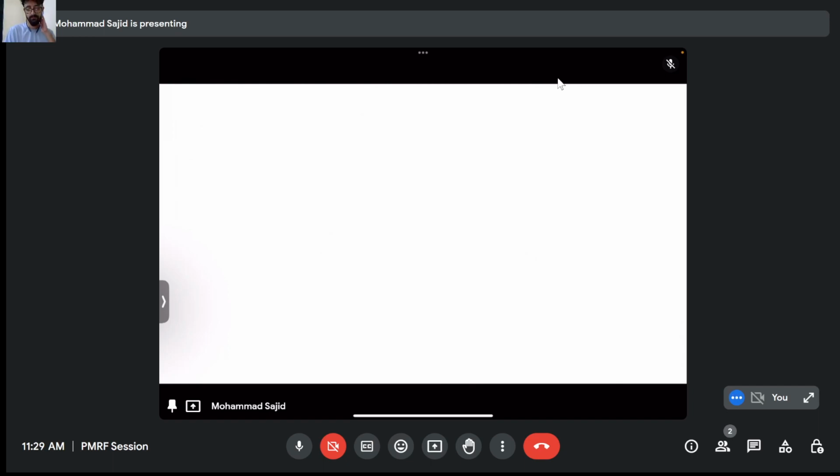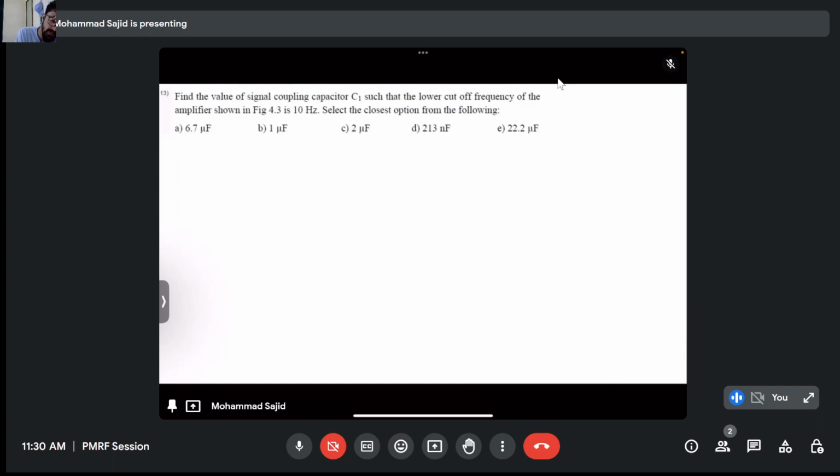Next is find the value of signal coupling capacitor C1 such that the lower cutoff frequency of the amplifier shown in the figure 4.3 is 10 Hertz. So we have to find C1. What is the value of C1?